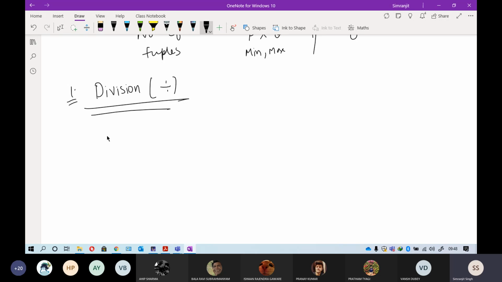Okay, so suppose there is a relation R that is given to you, and in this particular relation you are given only 2 columns.